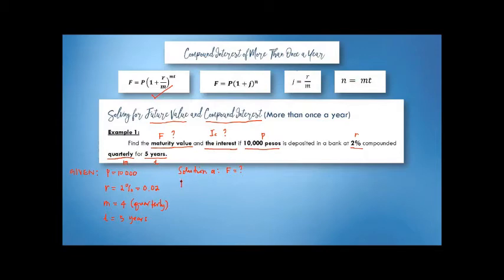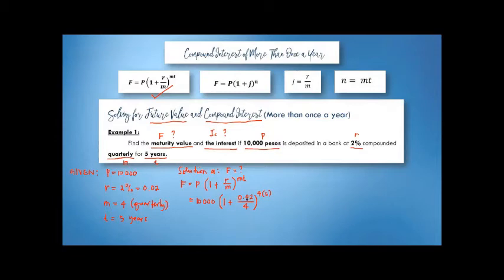Okay, so we have F is equals to P times the quantity of 1 plus R over M raised to M times T. Substitute natin ang given. We have 10,000 pesos times the quantity of 1 plus 0.02 divided by 4 raised to 4 times 5.